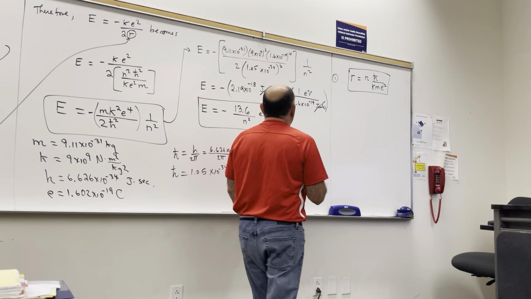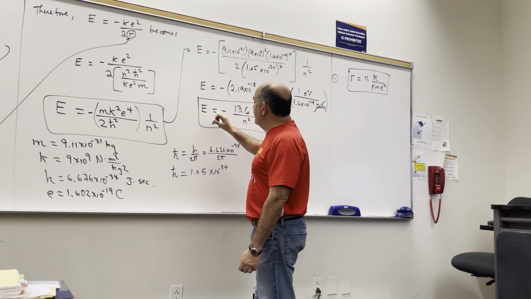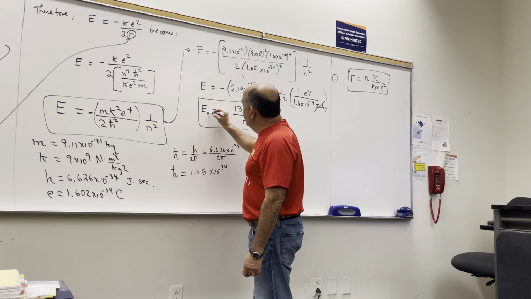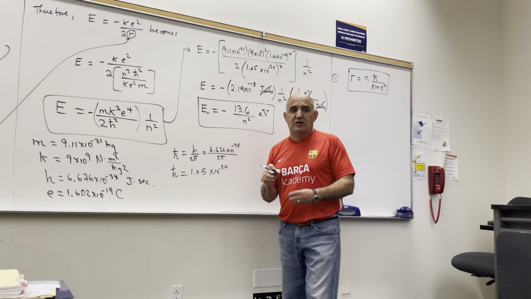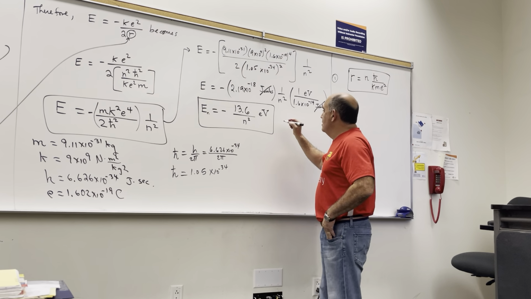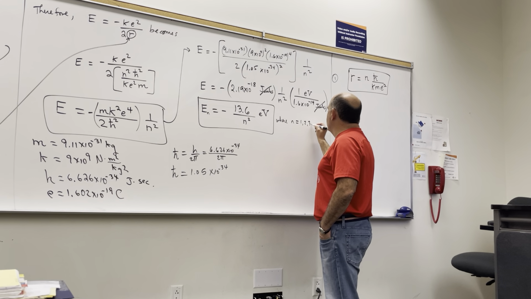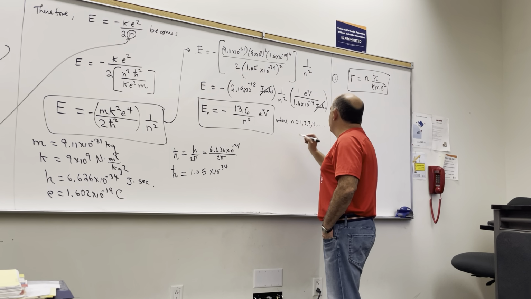So this expression over here is oftentimes written as the total energy, and then you use n as a subscript because the value of the energy will depend on what value of n you use. So n equals 1, 2, 3, 4, and so on, a positive integer.